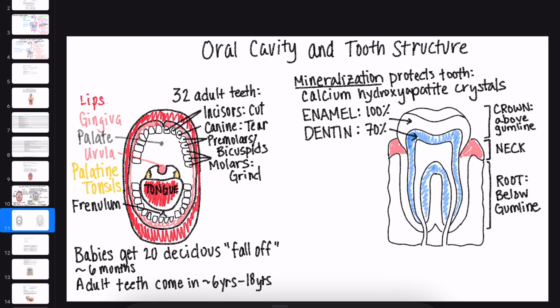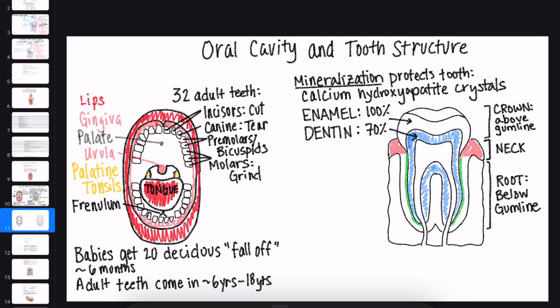Okay, then there is one more layer of mineralization protection, and that's right here. Do you see basically along the root? And I'm making this in green. And this is also hard. This is called cementum, and cementum is about 50% calcium hydroxyapatite.